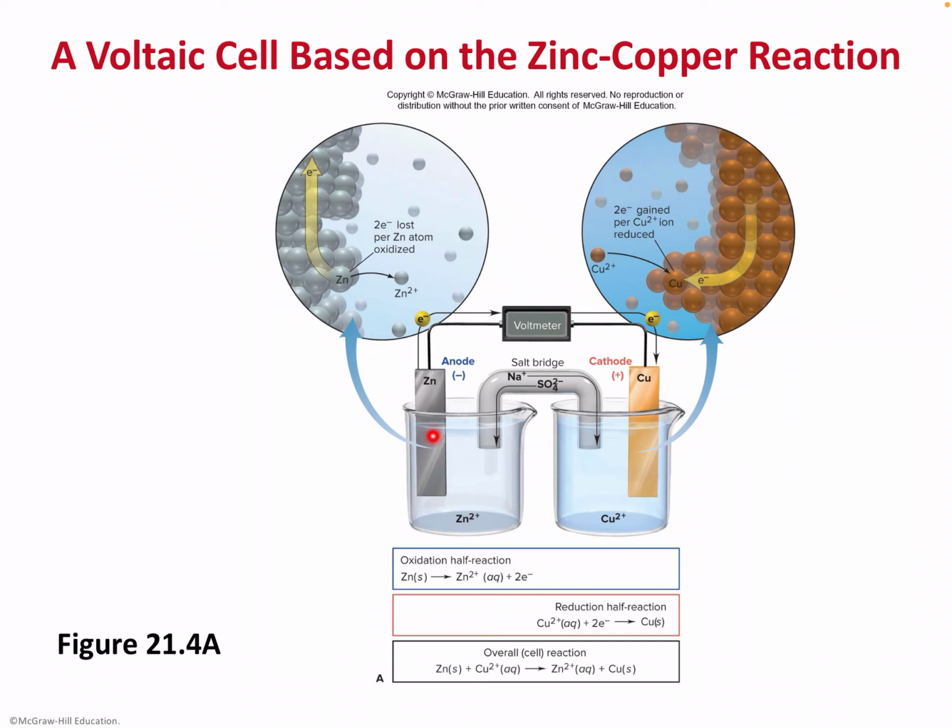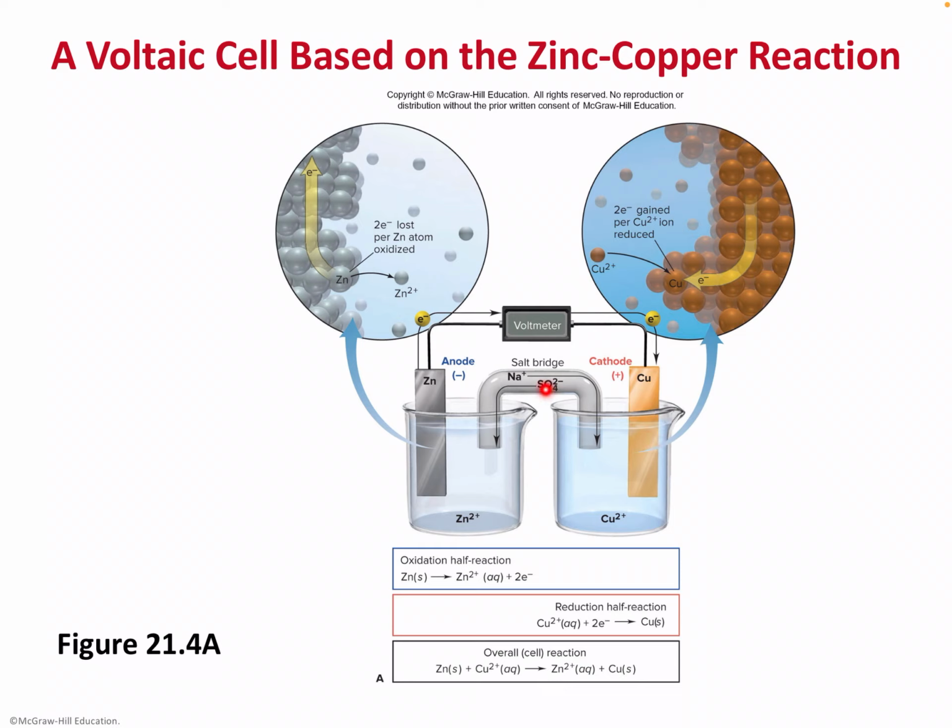Wherever the oxidation takes place, that's your anode. Wherever the reduction takes place, that's going to be your cathode. Okay? And they have been connected by a voltmeter. So zinc is being oxidized, so electrons are going to move through the wire and come to the copper electrode. And then the copper will be reduced over here.